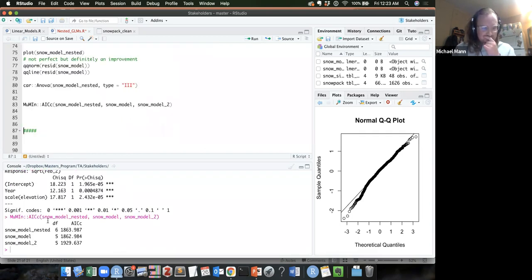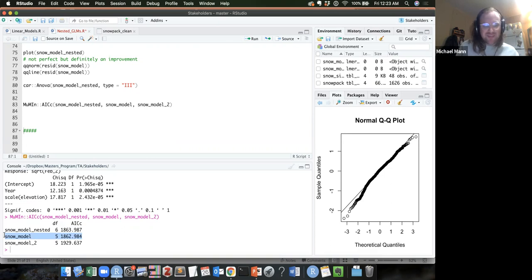So you can see degrees of freedom. So you can see here that, right, our snow model nested, actually it performs second best. The model we did before is a slightly better model.